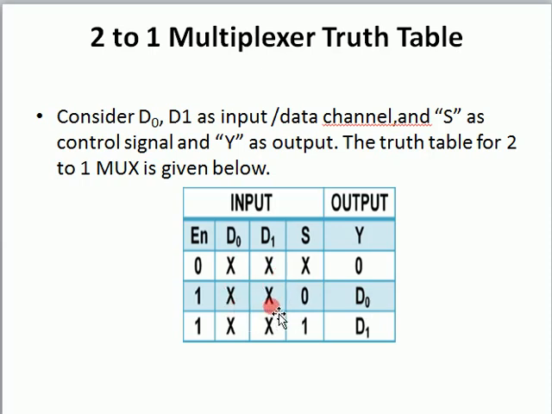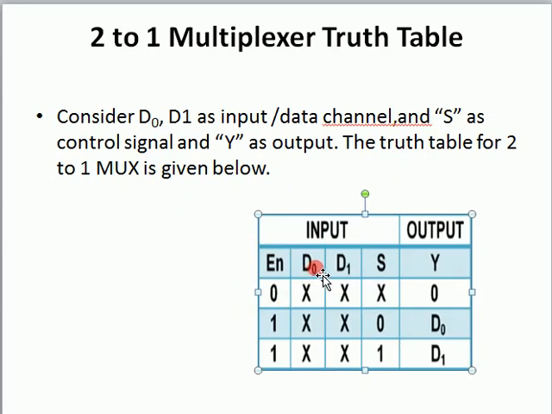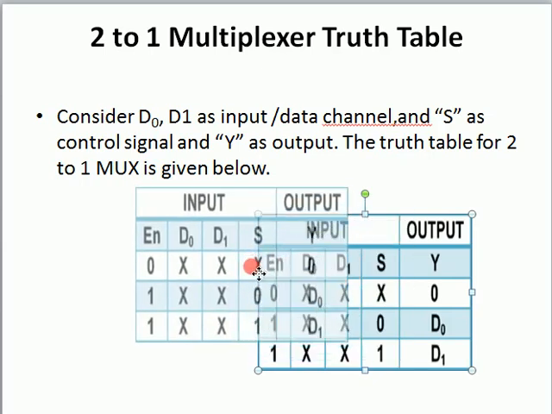So from this truth table you may see that the output depends upon the select line, which decides what input will be considered. When this is 0, the D0 input will be sent to the output. That's why I said before that the output of the mux doesn't depend upon the input of the mux, it only depends upon the select line.